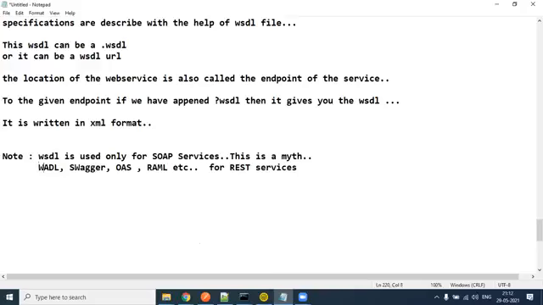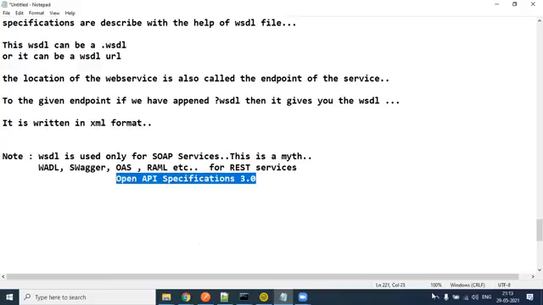Generally, some tools use WADL, Swagger, OAS. I personally believe down the line OAS is going to be the standard for REST. OAS is also called Open API Specifications 3.0.